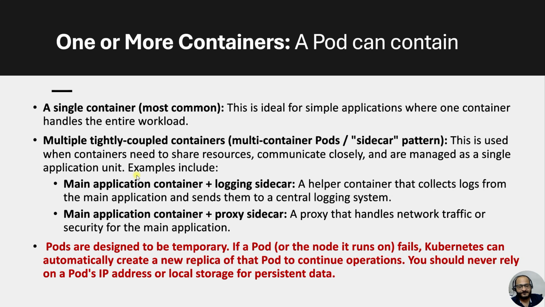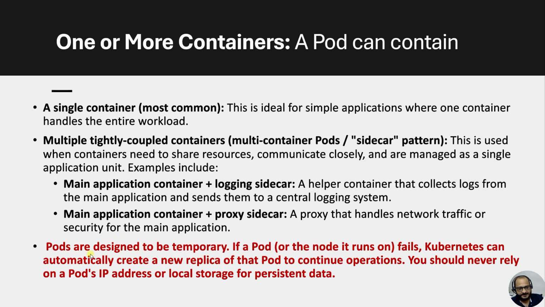In that case, we can definitely run multiple containers inside a single pod. This is the example I have given here: if you want to do logging, or run a proxy, then you can deploy multiple containers inside a pod.